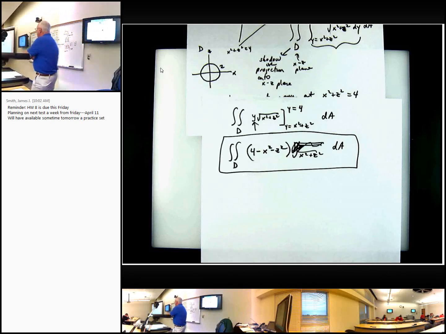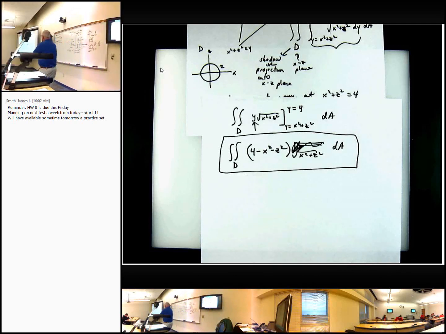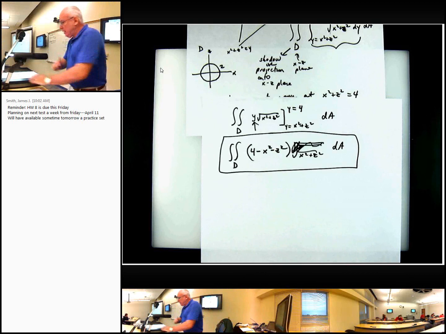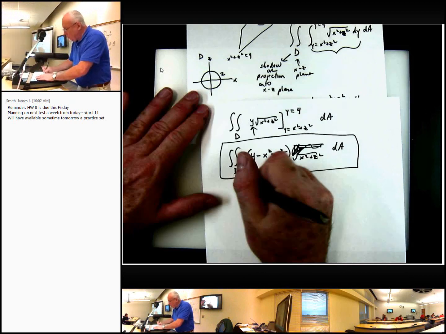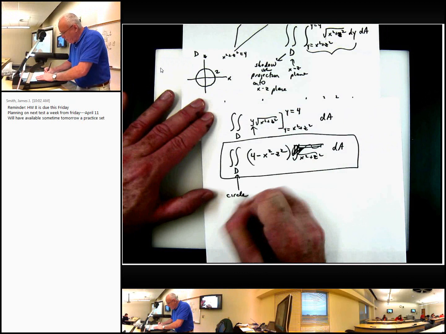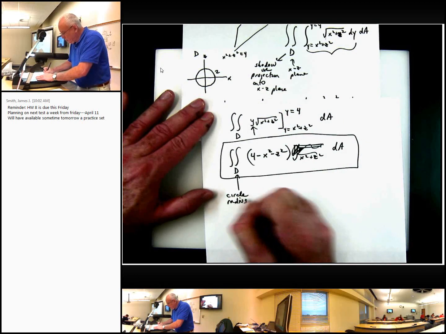Look at what we have here. We've got x squared plus z squared under the radical. We've also got an x squared and a z squared inside the parentheses. The region that we're integrating over is a circle of radius 2.